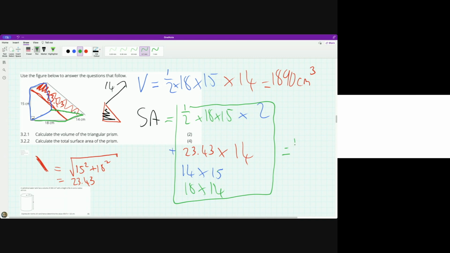I get 1060.02 centimeters squared. Anybody else get that? Fantastic.